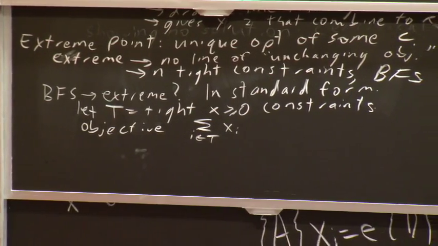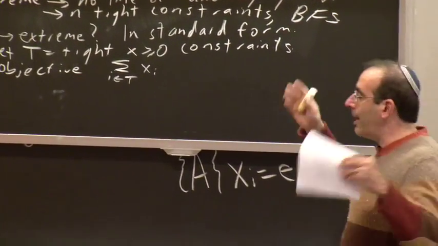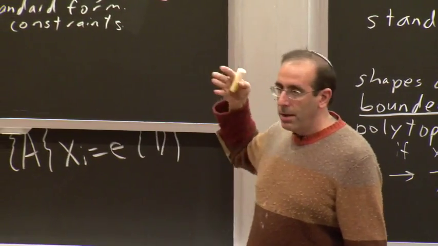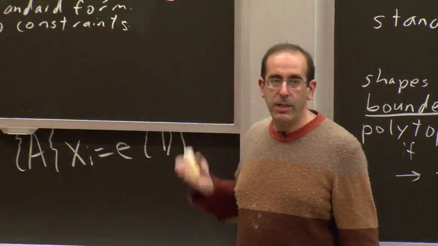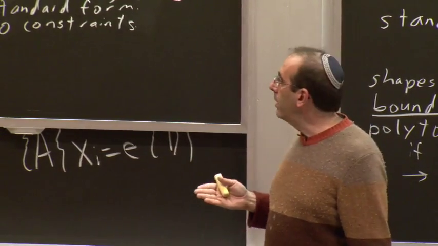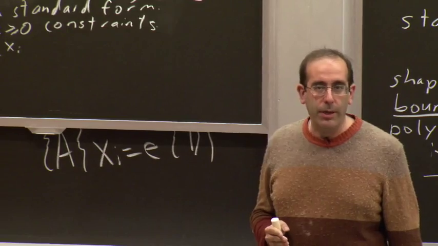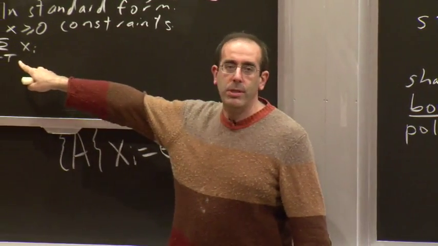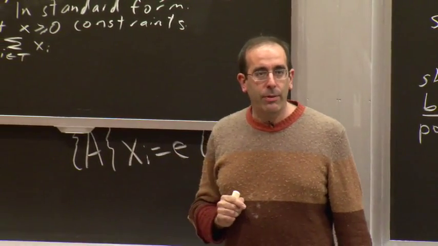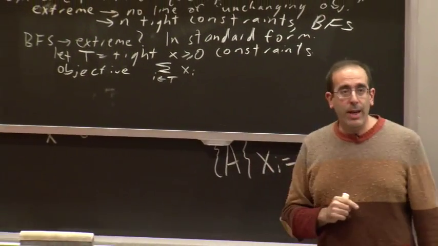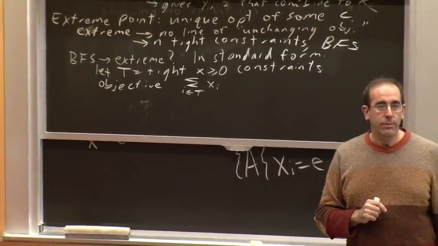Okay. So let's think about any point in the polytope. If it's not this point, this basic feasible solution, well, it still satisfies all of the x_i greater than or equal to 0 constraints, but it has to be loose on one of these constraints. Right? So on one of these constraints, the point has a value of x_i that is positive.